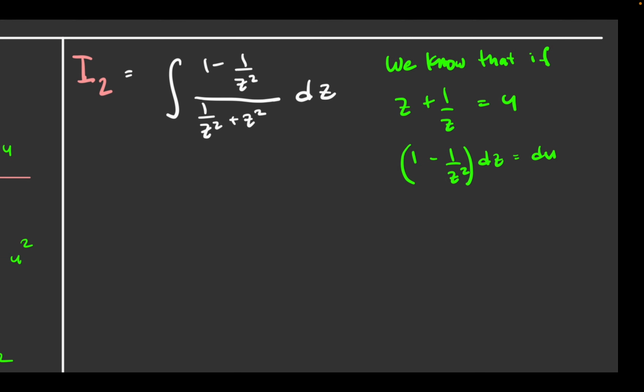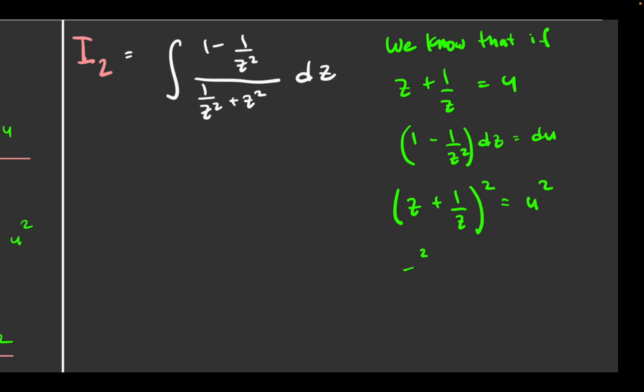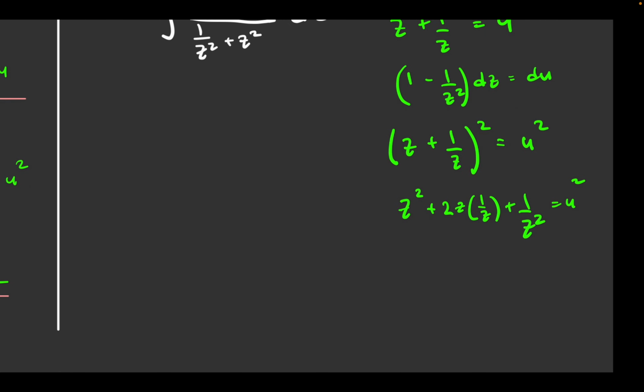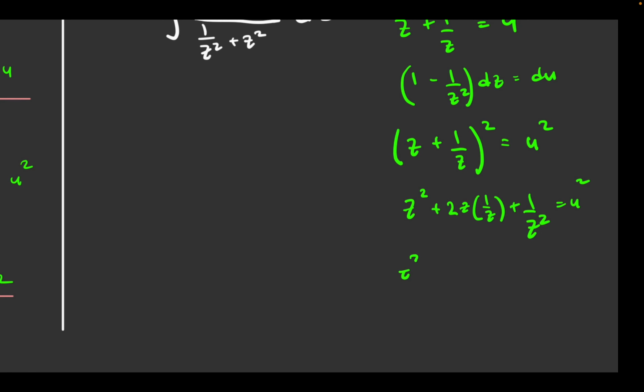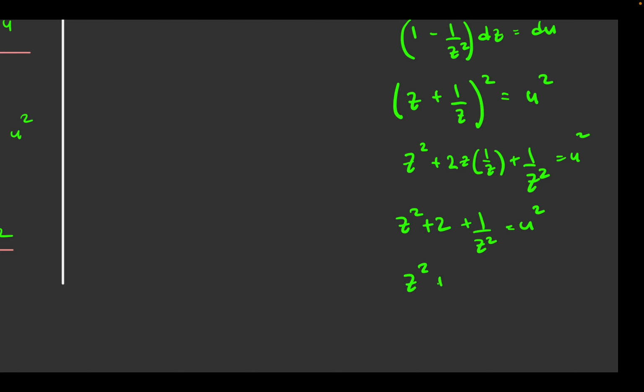And if I square z plus 1 over z, I get z squared plus 2 times z times 1 over z plus 1 over z squared equal to u squared. Then I get z squared plus 2 plus 1 over z squared equal to u squared. Or simply, z squared plus 1 over z squared is just u squared minus 2.